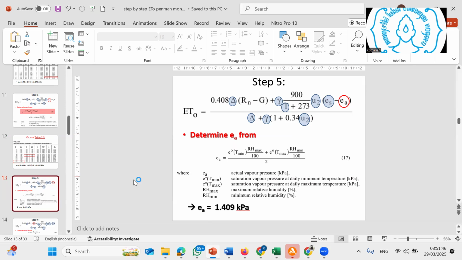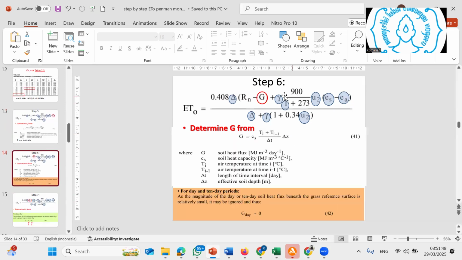So EA is resolved. And next is calculating the G. G is the soil heat flux. Please note that the magnitude of the daily or 10-day soil heat flux is very small, so we can ignore this. So the daily soil heat flux G is equal to 0. Okay, so we assume that G is 0.